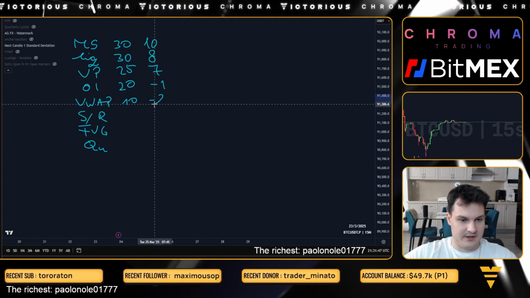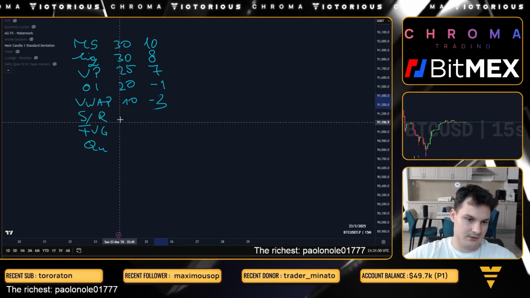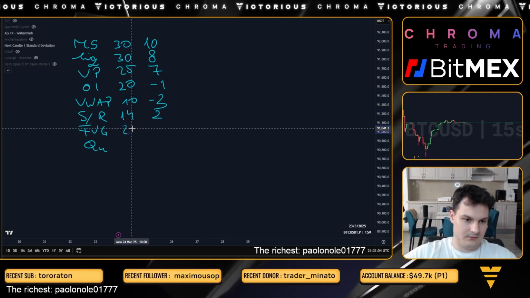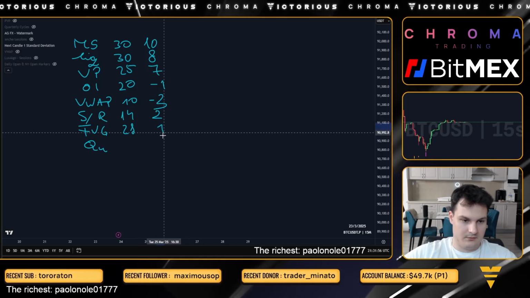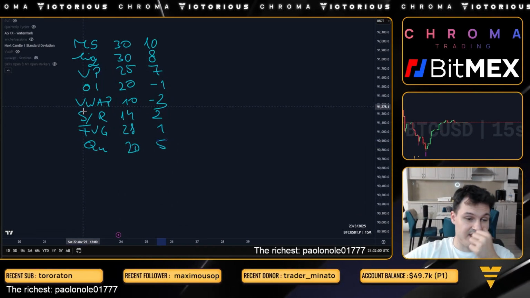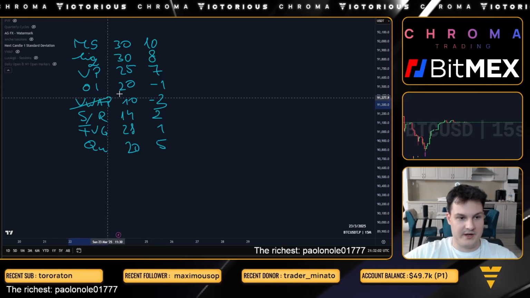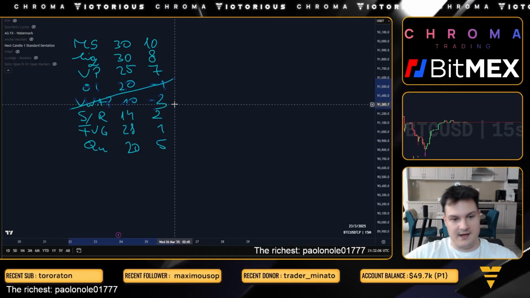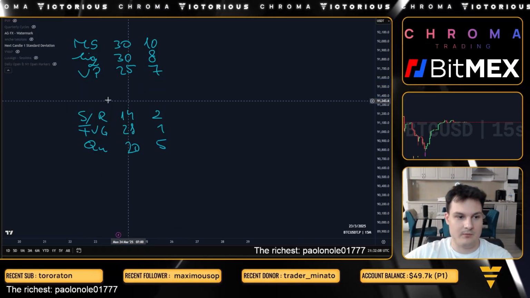Let's say something like this. After these new rounds of testing, we will eliminate open interest and VWAP. So now you are left with 6 components.